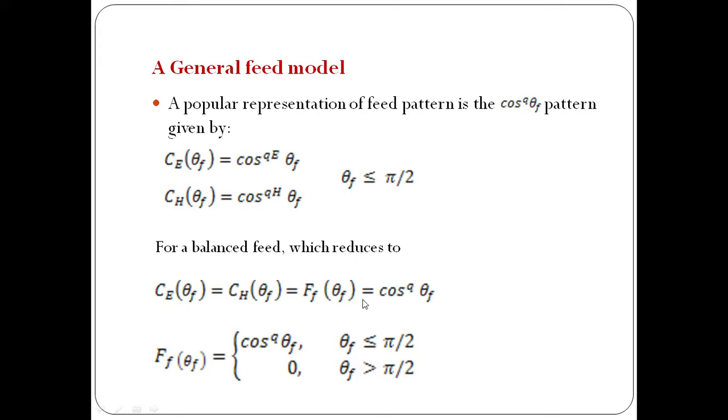The resulting feed pattern is proportional to cos^q(theta_f). So this is the feed model for a rotationally symmetric feed, or simply a balanced feed, when theta_f is less than or equal to pi/2, and it is 0 when theta_f is greater than pi/2. This is the general feed model.